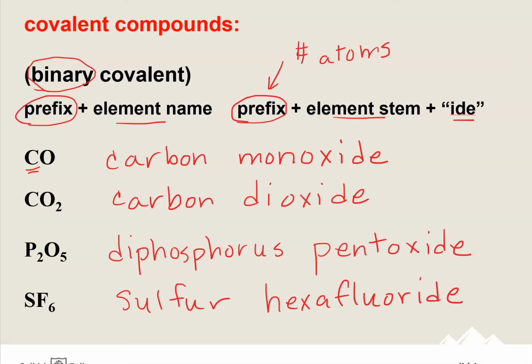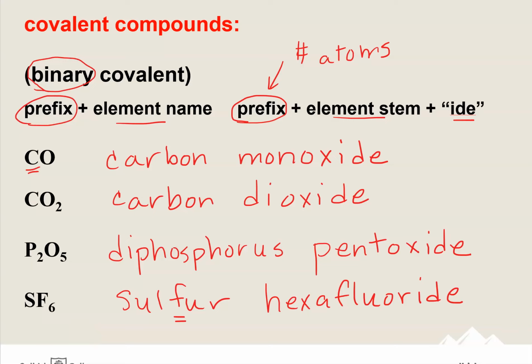IUPAC says that chemists are going to spell sulfur with an F. If you're writing the Great Canadian Novel, you can write it with a PH, but that's archaic for a chemist. We write sulfur with an F. Why? Because chemists around the world got together and decided that's how you do it.